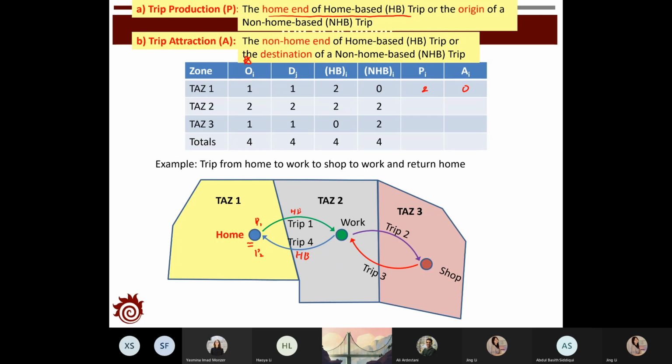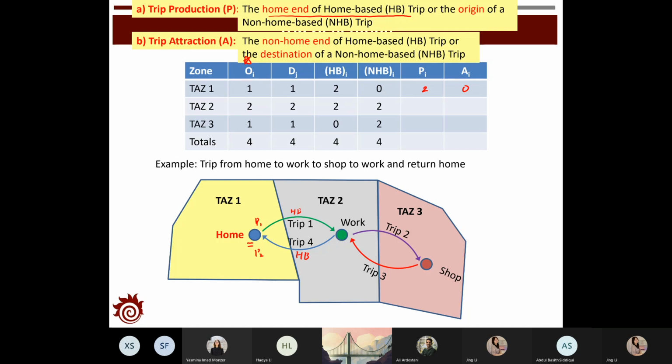What about zone 2? Any idea about the values regarding production and attraction? It might be tricky.